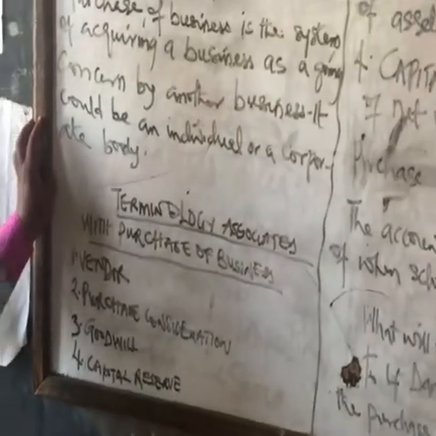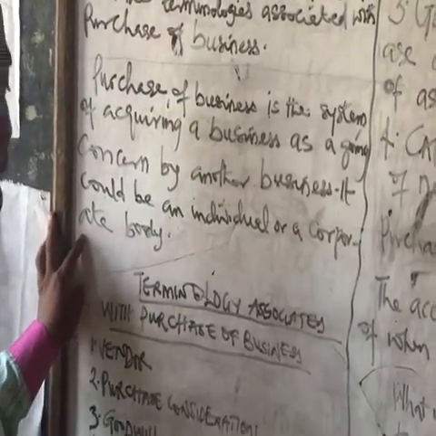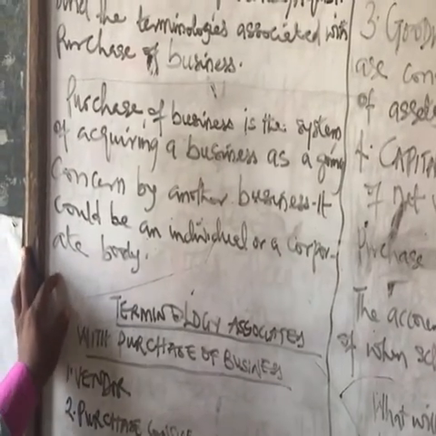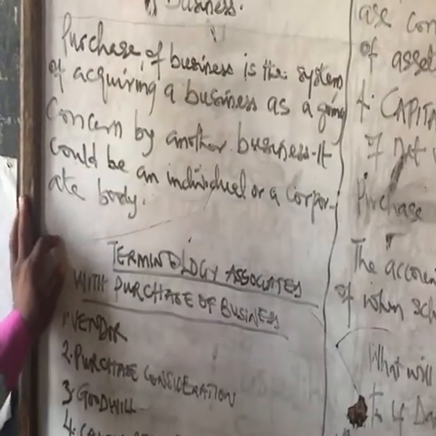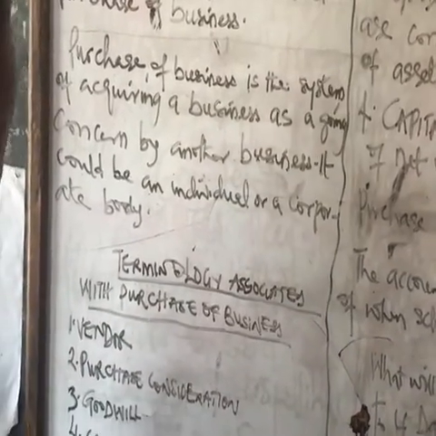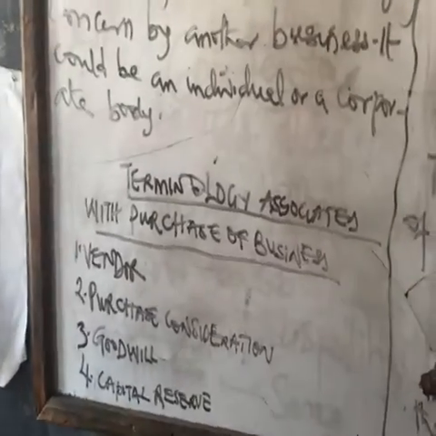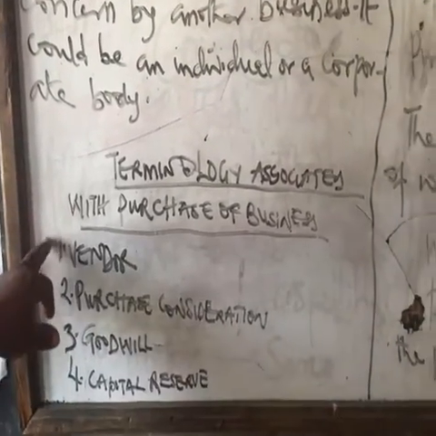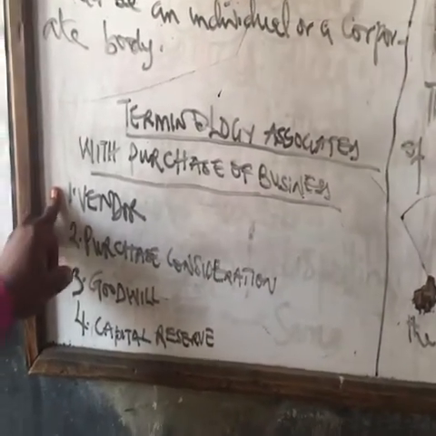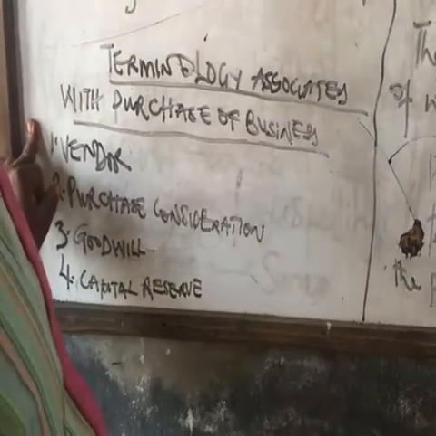Now, there are some terminologies that are associated with this topic in accounting. For you to have a better understanding of the topic, you must familiarize yourself with some, if not all, of those terminologies. And number one I have here is a vendor. So who is a vendor?